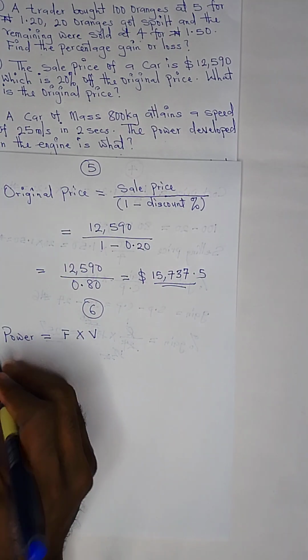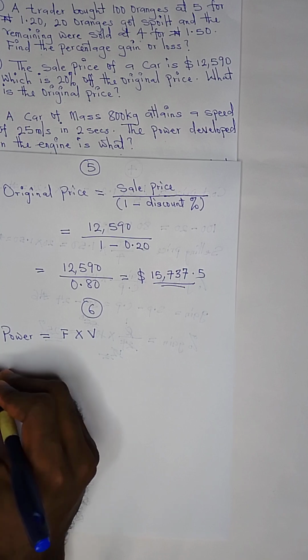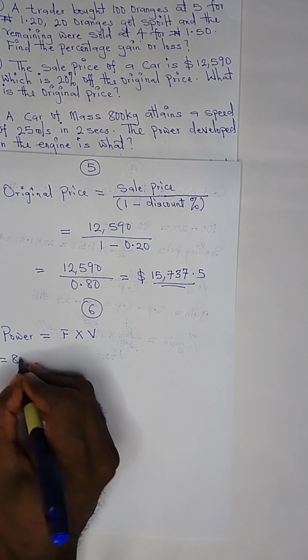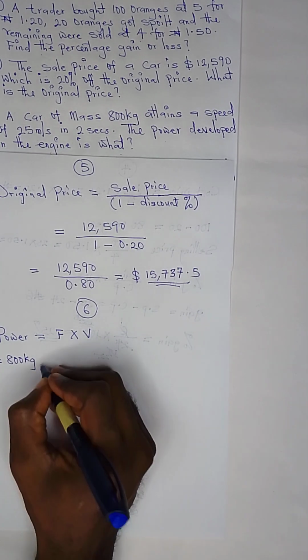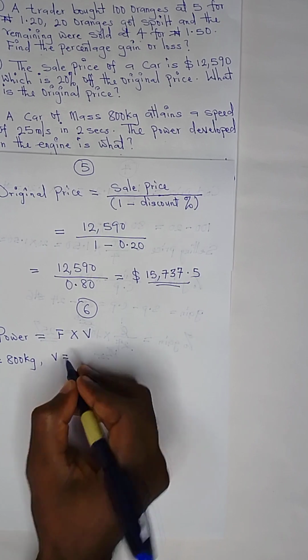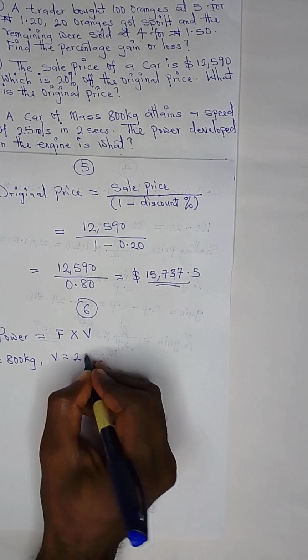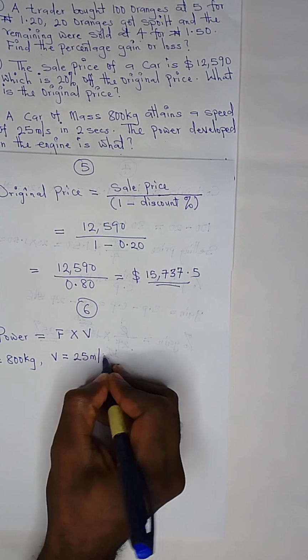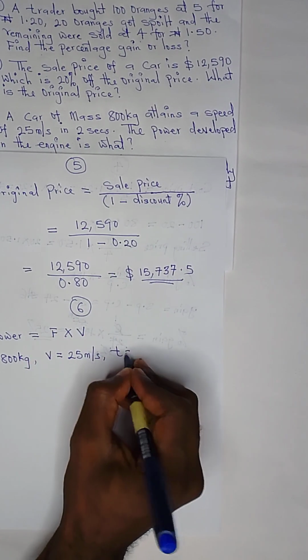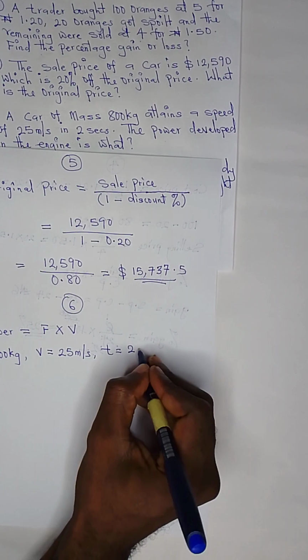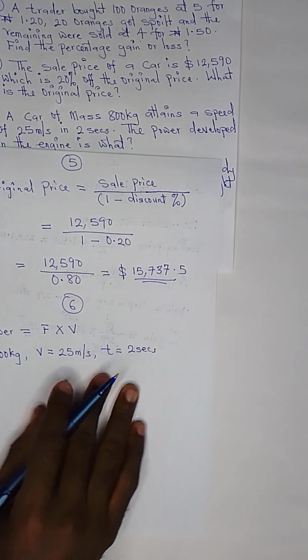Now, let us see the parameters that are given to us. Mass is 800 kg. Velocity is equal to 25 meters per second. Time is equal to 2 seconds.